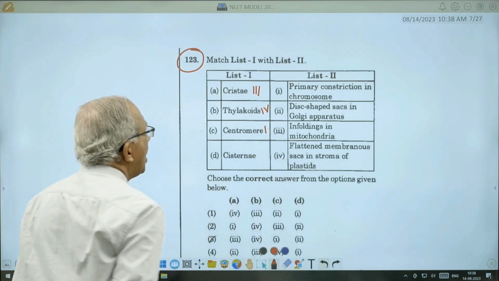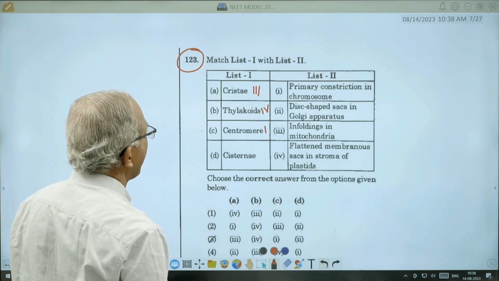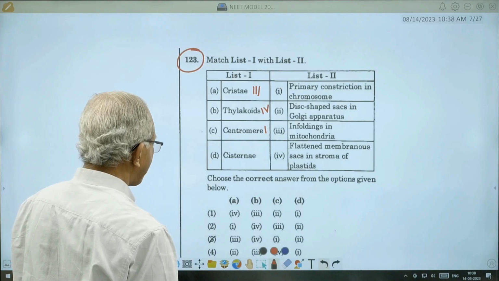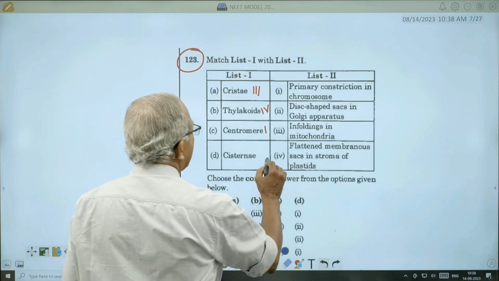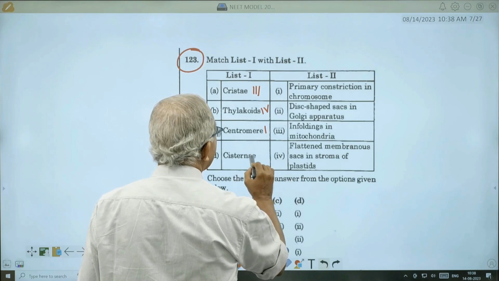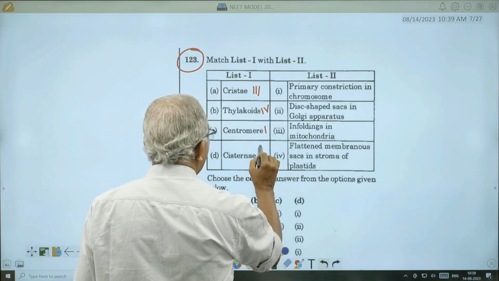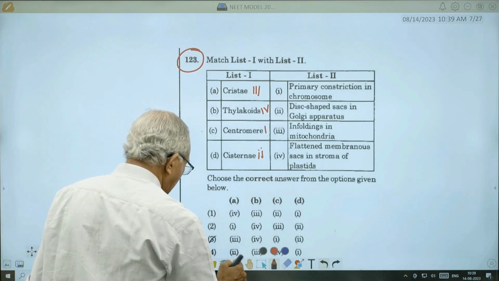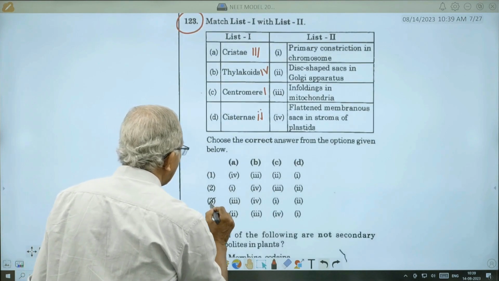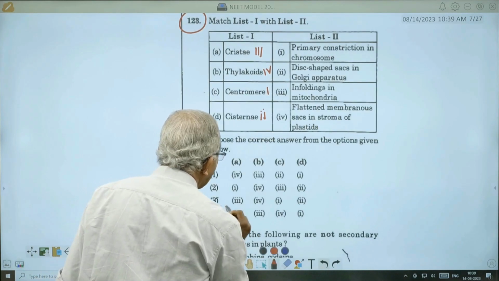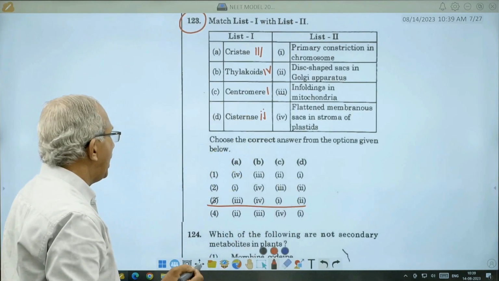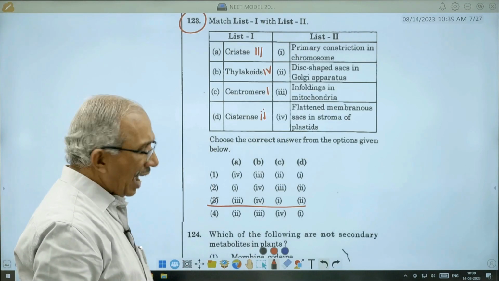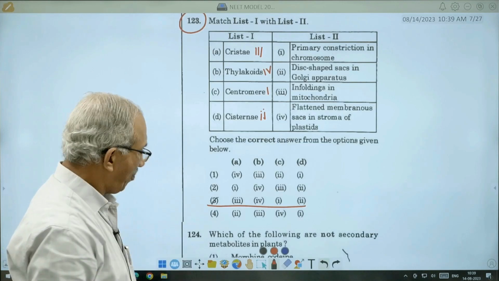Centromere is the primary constriction in chromosome, and cisternae are disc-shaped sacs in Golgi apparatus. So the answer is 3: A3, B4, C1 and D2.